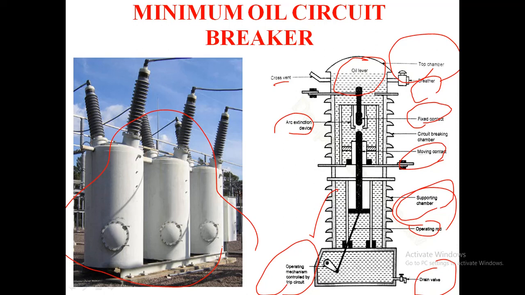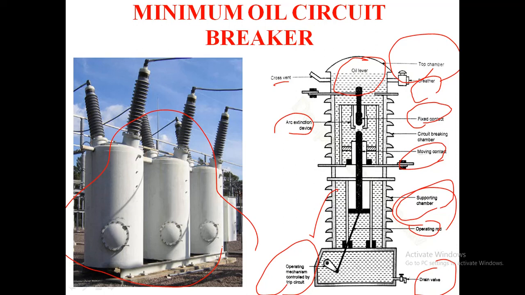The circuit breaking chamber, that is the top, which is mounted on the top, is also filled with oil and has upper and lower fixed contacts, moving contact and turbulators. The top chamber is a metallic chamber mounted on top of the circuit breaker. It provides expansion space for the oil present in the circuit breaker and also contains a separator which avoids loss of oil by centrifugal action.